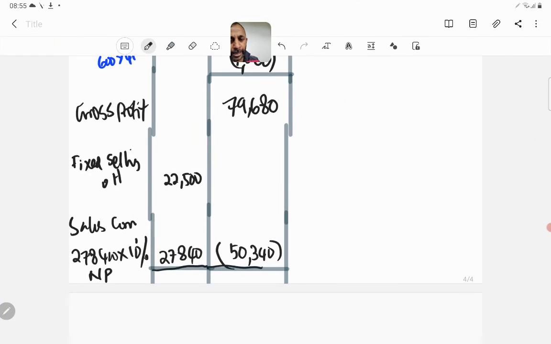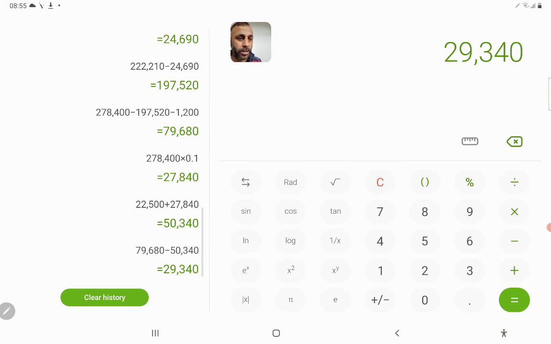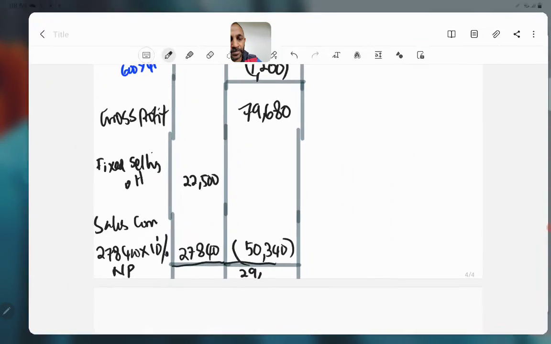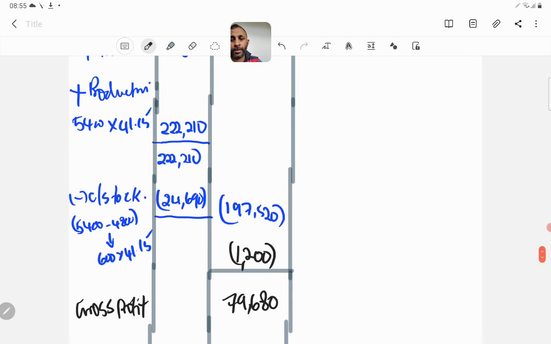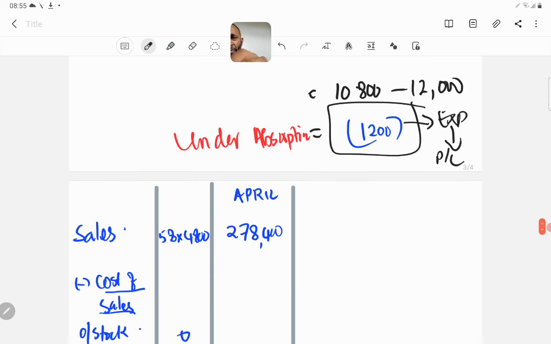You end up having a net profit of 29,340. This is the net profit under absorption costing for the month of April. For the month of April, this is how you do the profit calculation under absorption costing.